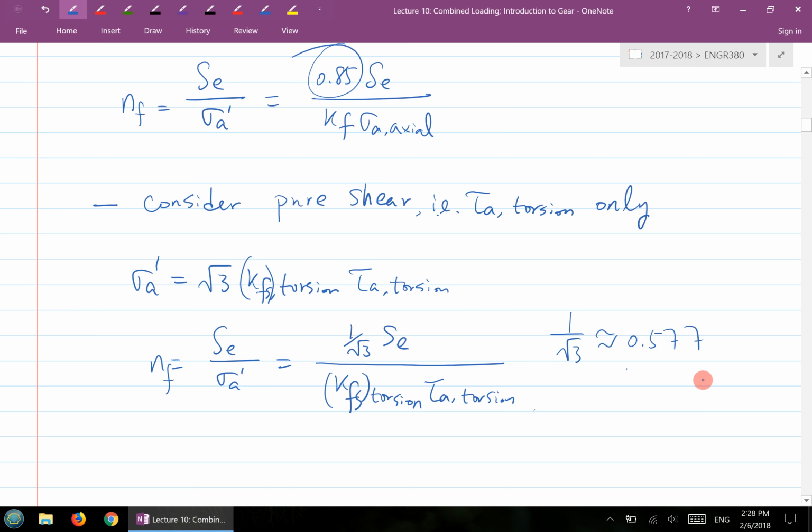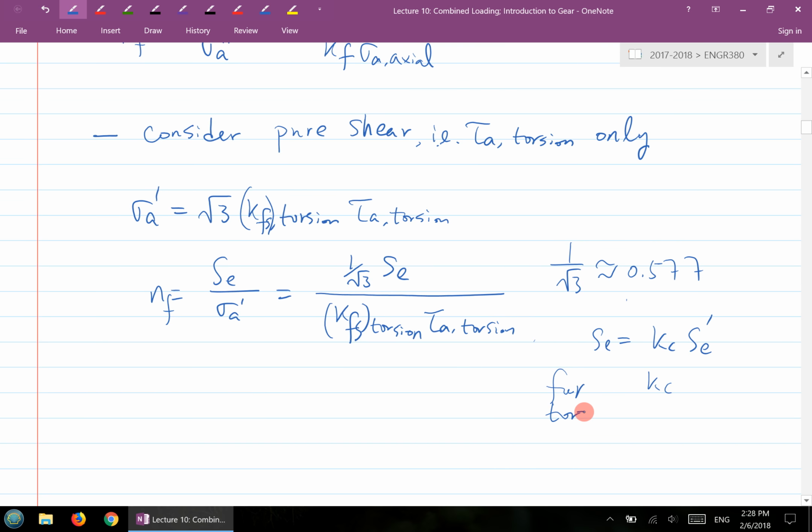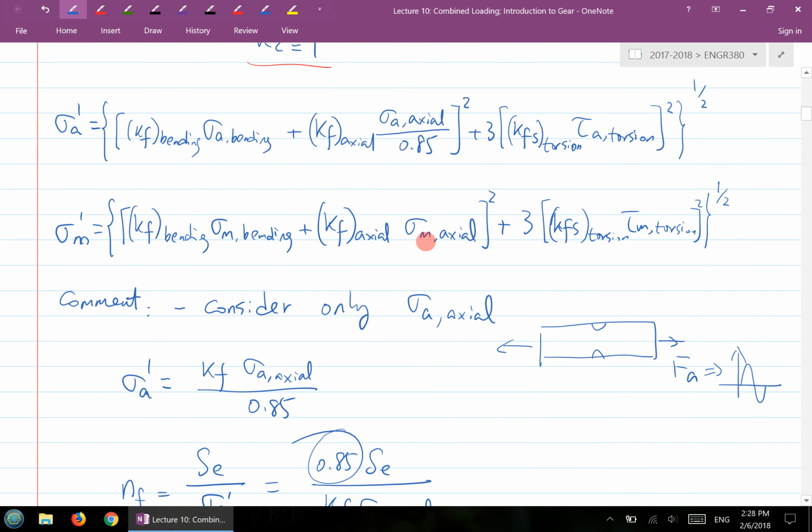So now to jog your mind, when you calculate Se using Kc Se prime, if it's a torsional loading only, I'm not sure if you remember, that Kc for torsional loading equals 0.59. So it's very close to this 0.577 right here, right? And this 0.577 is actually part of the von Mises stress theory formula.